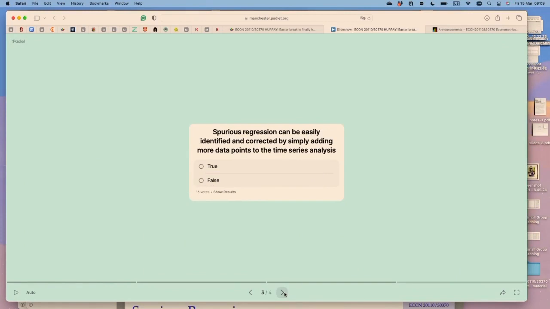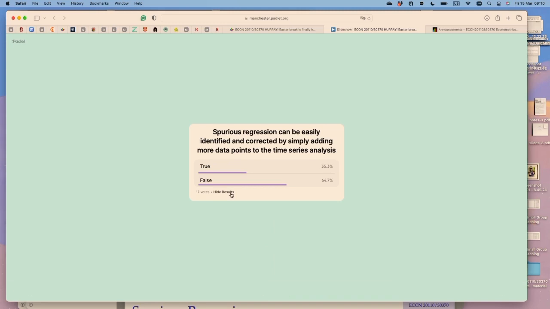Now the next one. Spurious regression can be easily identified and corrected by simply adding more data points to the time series analysis. Do you think that increasing the sample size T could fix the problem of a spurious regression? Okay. This is a false statement.